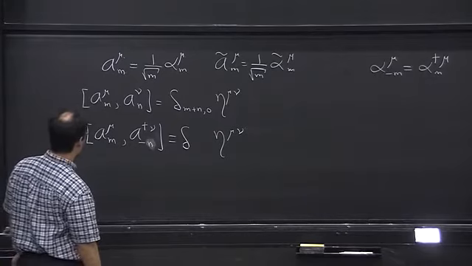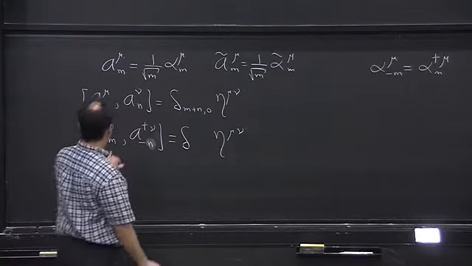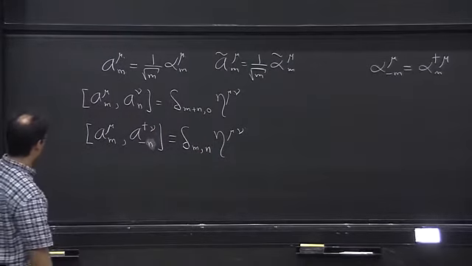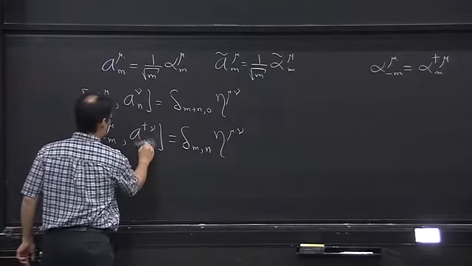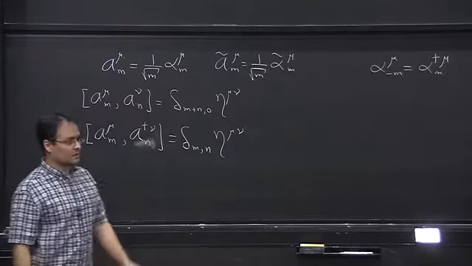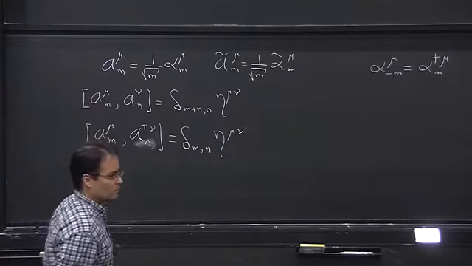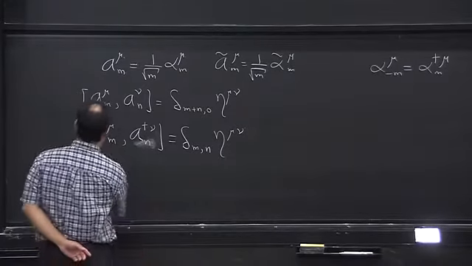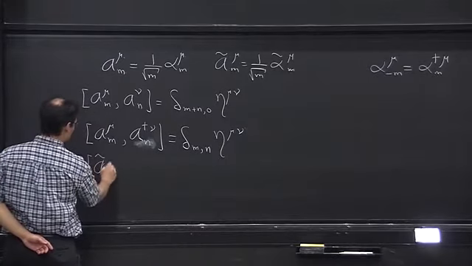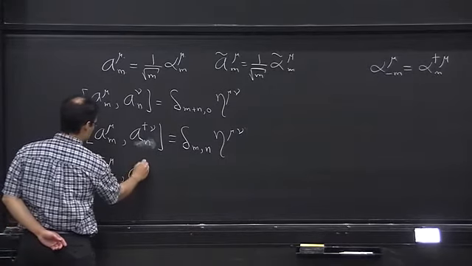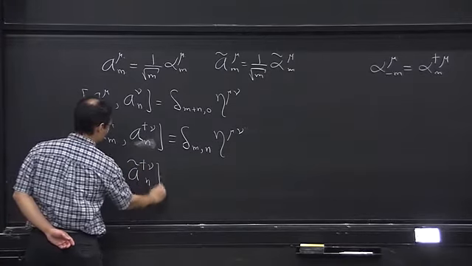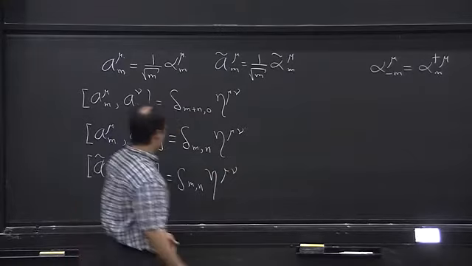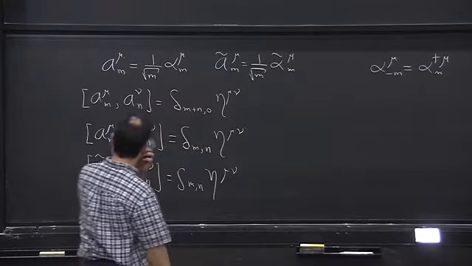And if I do, then I have to say m comma n. Okay? With the dagger. Yes? And then the same thing will happen for the tildes. All right, so everything is looking good.